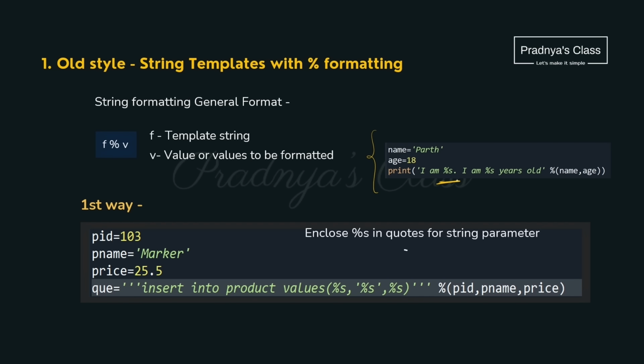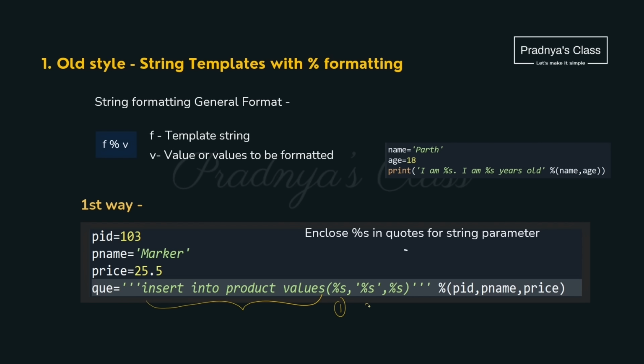If you already know how to format a string, you will easily understand this. Wherever you want to place a value, you write %s, and the variable names we mention in the form of a tuple followed by the % symbol. The same logic we are going to apply here also. Look at one simple query: insert into product values.